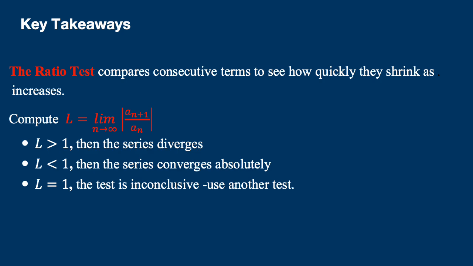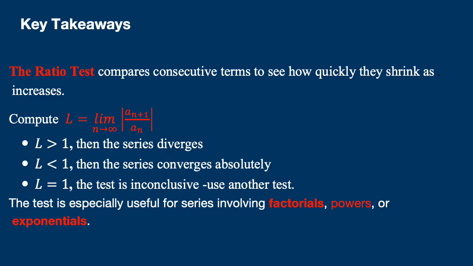If L equals 1, the test is inconclusive and we have to use another test. Also, use the ratio test if the series has factorials, powers, or exponentials. Don't use the ratio test when the series has a p-series or polynomial form.